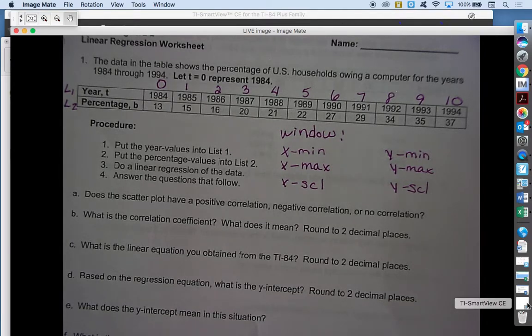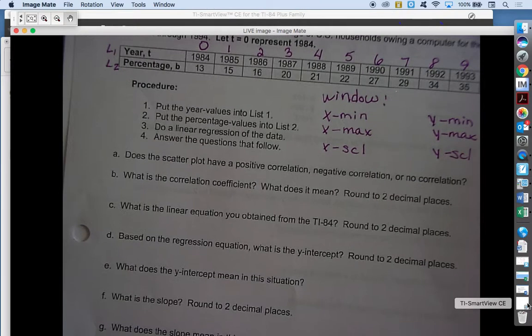I think after you get both of them entered, you'll feel pretty comfortable with the directions and how to use the calculator. So tomorrow we're going to do more of this, and we'll do an activity, and then same thing with Thursday. I initially thought we were going to have time to do it, but we'll do it tomorrow. So it's just the linear regression for today.